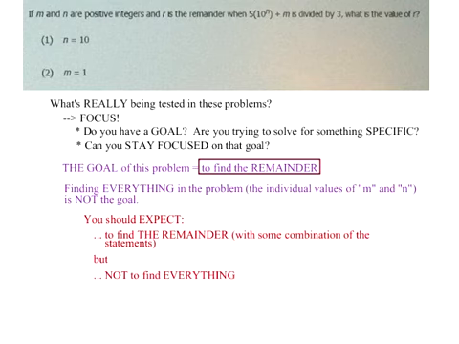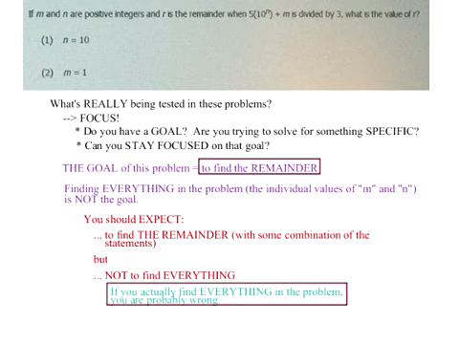When you leave today's session, you should have exactly the opposite instinct: if you actually find everything in the problem, especially with choice C, you are probably wrong. This is the big thing, and we're going to see specifically how this whole C trap scheme works out.